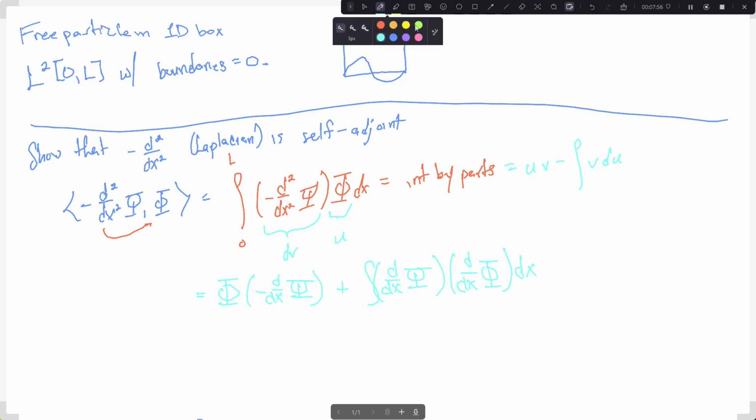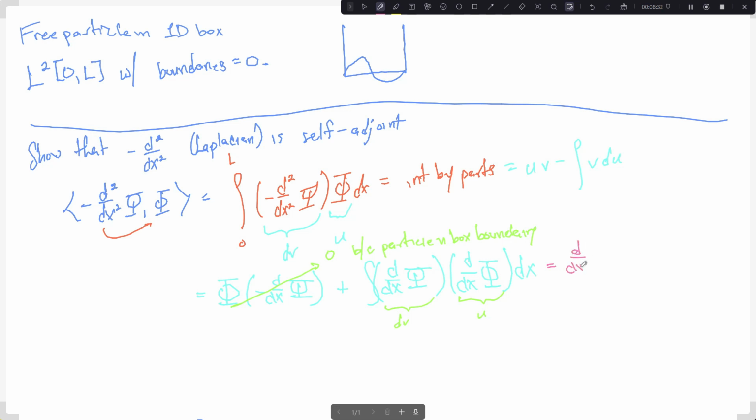And because we are 0 at the boundary, this is 0. Because particle in a box, boundary. So we get away with the boundary conditions being 0 here, which is useful. And then we're going to run integration by parts on this one more time. This is going to be called dv. This is going to be called u. And where does that send us? It sends us to, once again, uv.